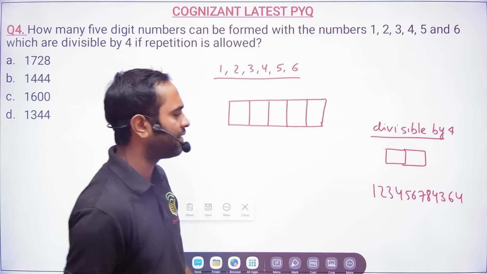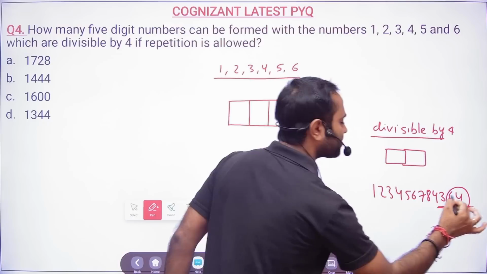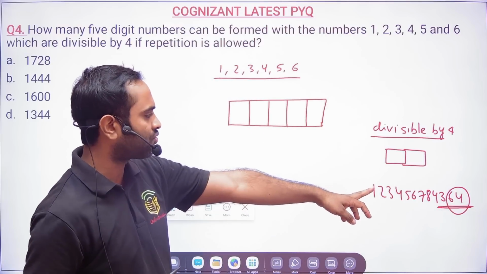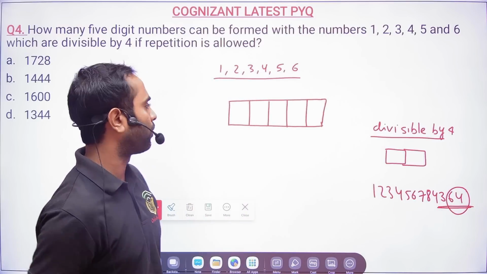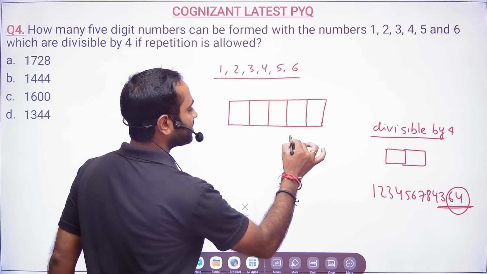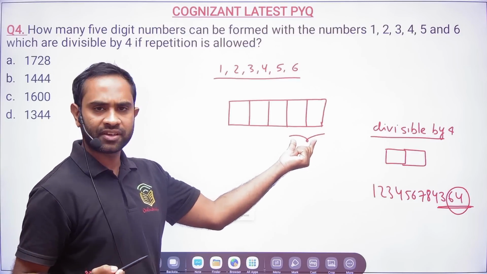Yes, sir, it is very easy. I will just take the last 2-digit number. If the last 2-digit number is divisible by 4, then the whole number will be divisible by 4. So if this number is divisible by 4, then only the last 2 digits are my worry.